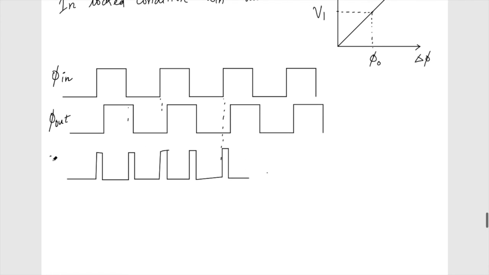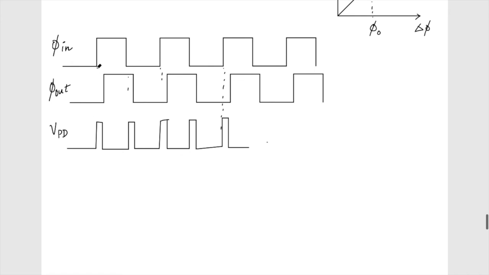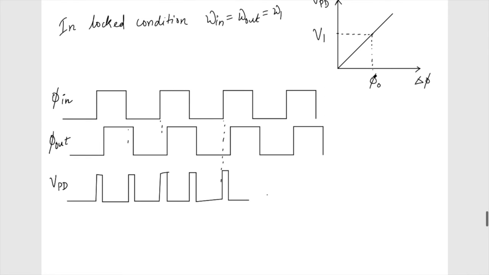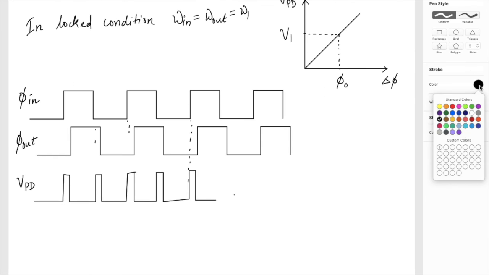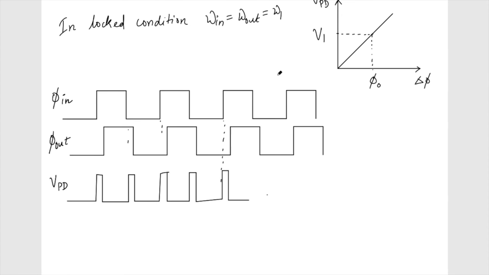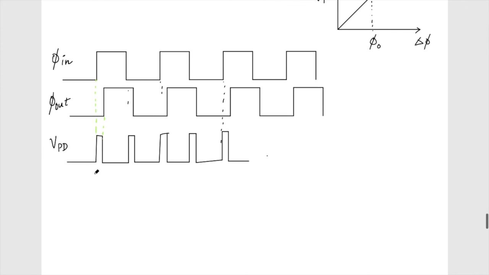Of course, this is my PD output, and there is a finite phase difference of phi naught, which is required to produce a voltage of V1.